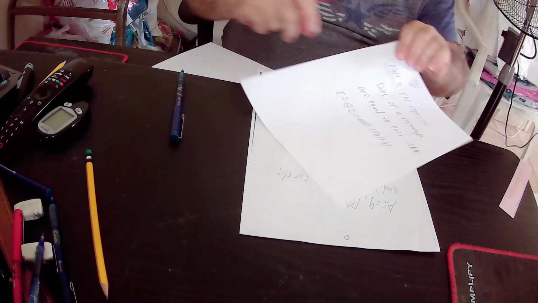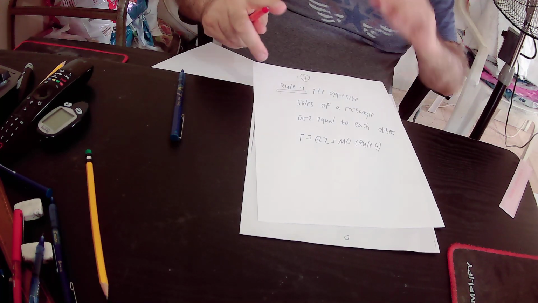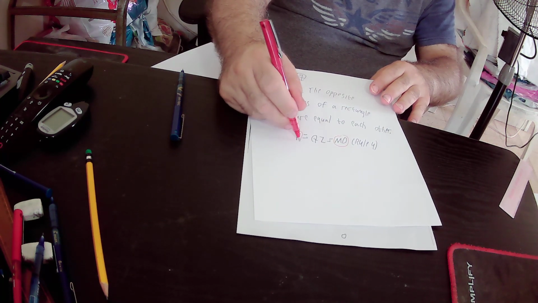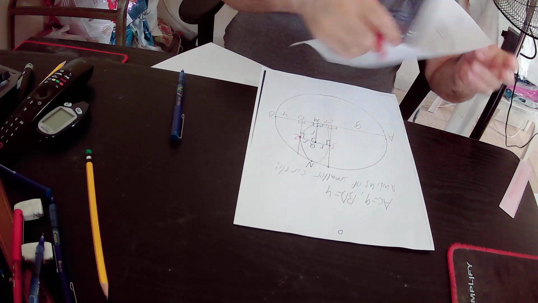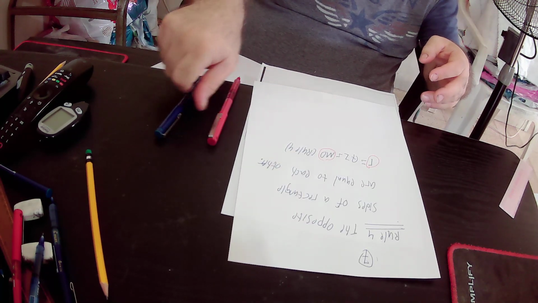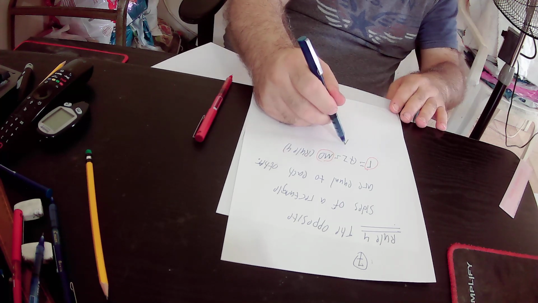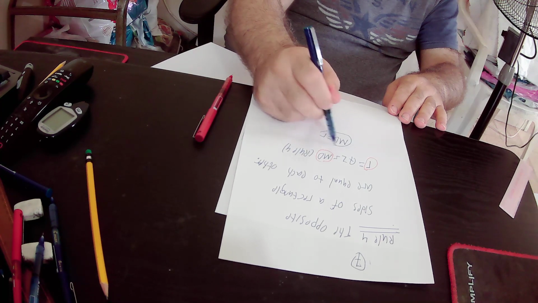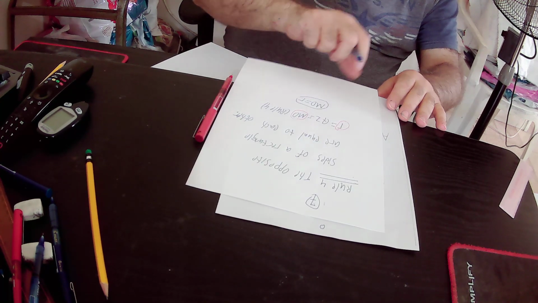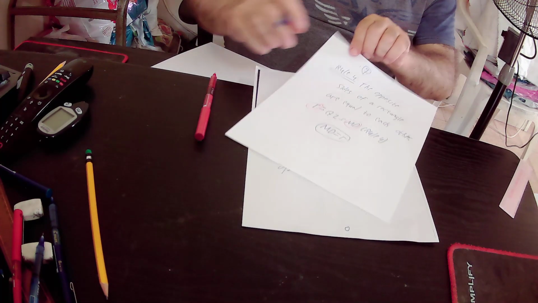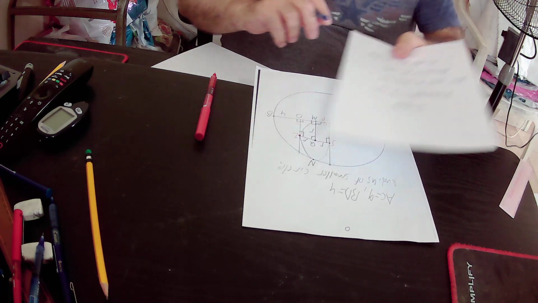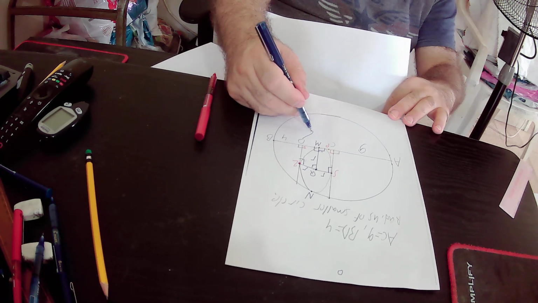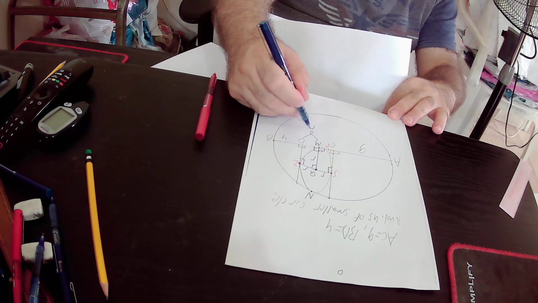So from this equality we can derive that MD equals small r. Okay, MD equals small r.